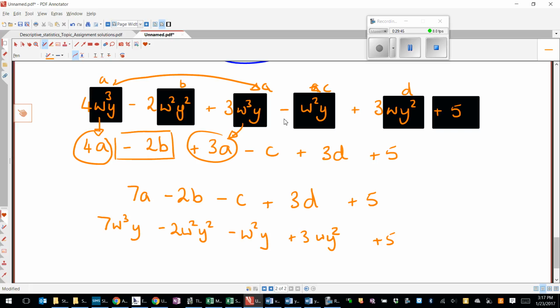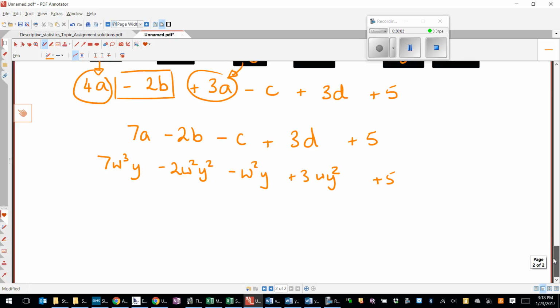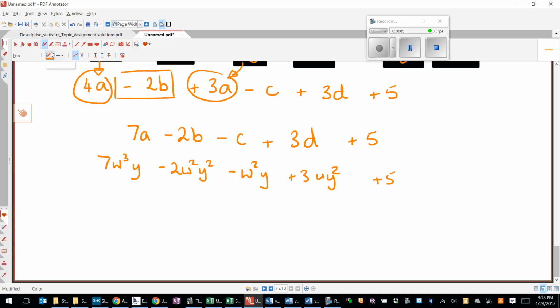If you were to do, let's say, timesing, that's different, isn't it? Let's say we had 4w cubed y times 2w squared y squared. So something slightly different.